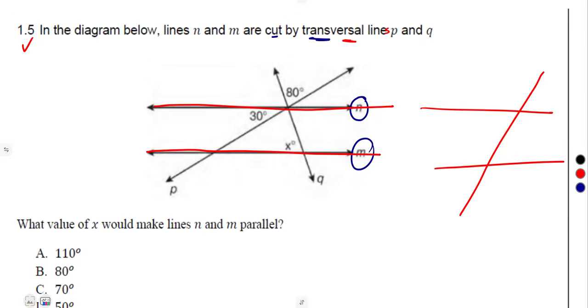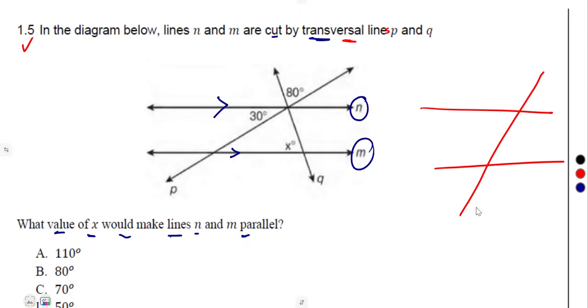So it is automatic that we are given there to say that line N and line M that we are seeing are parallel to each other. So if they are parallel to each other, what value of x would make lines N and M parallel? What would be the value of x for these lines to be parallel? Because already we're told there's a transversal there. So simply find the value of x.